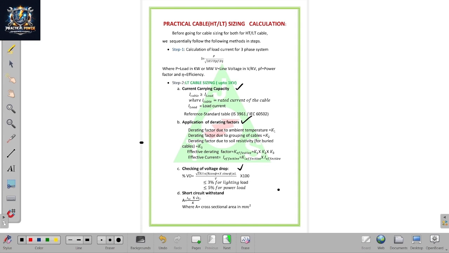The next step is the short circuit withstand. To withstand the short circuit current, accordingly we have to calculate the size of the conductor, where A is equal to ISC, the short circuit current, into root over T, the duration, divided by K. K is a material constant.